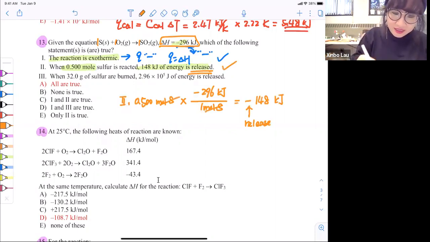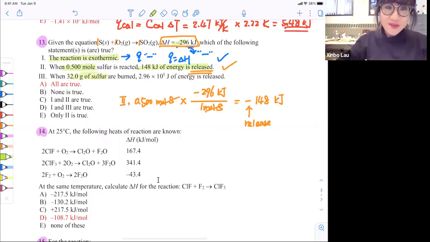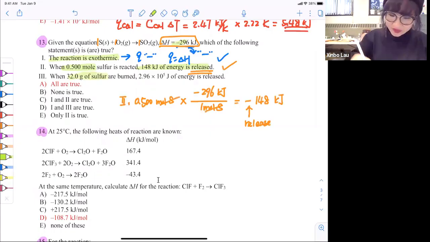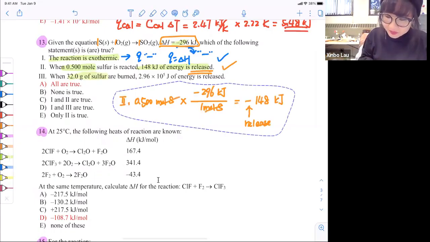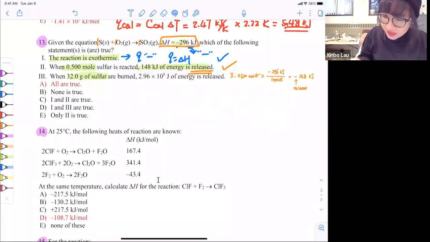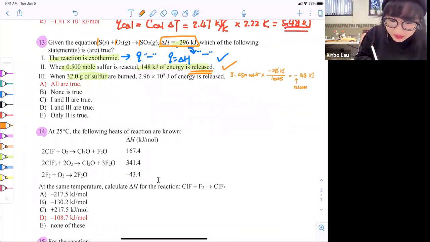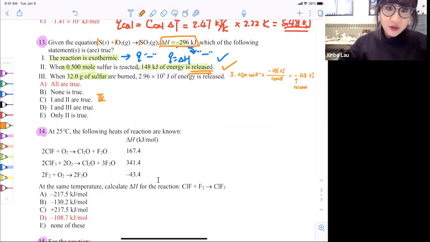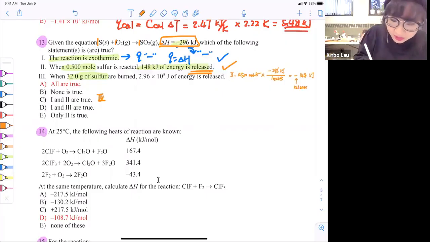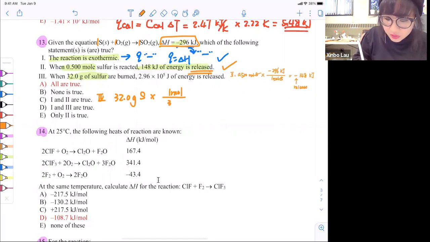The next one is also about sulfur. Let's do number 3. From the balanced equation's mole relationship, we need to turn that 32 grams of sulfur into moles. Going to the periodic table, 1 mole is 32 grams.